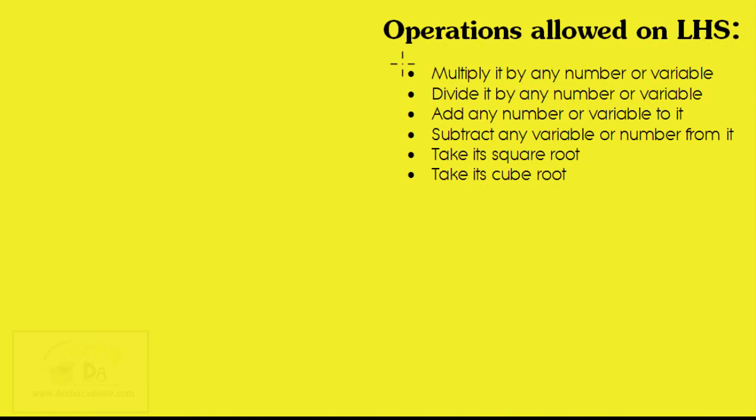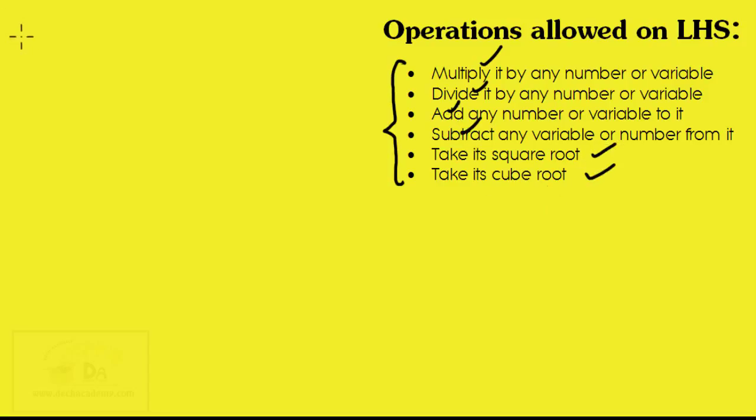So just take note, these are the main operations that we'll be using, and these are the ones you probably need in your course. But in general, anything you do to the left hand side, you can also do to the right hand side. We're doing multiplication, division, addition, subtraction, and taking square roots and cube roots.